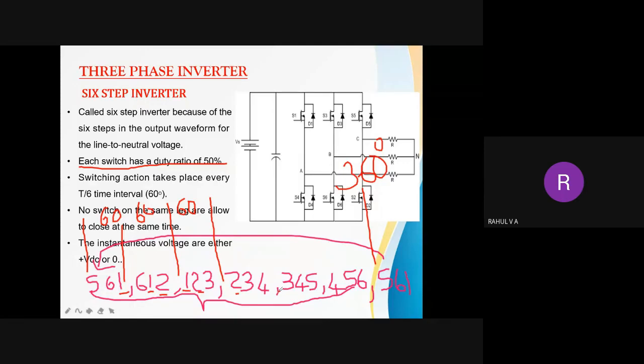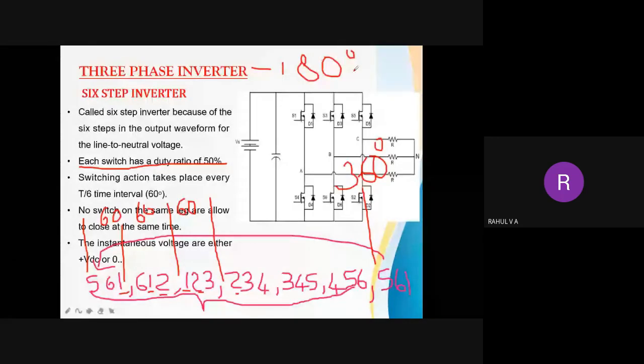Since each switch is turning on for 180 degree, we call it 180 degree conduction. So this is 3-phase inverter, 180 degree conduction. We have one more explanation, where each switch is turned on for 120 degree. We will discuss that later.